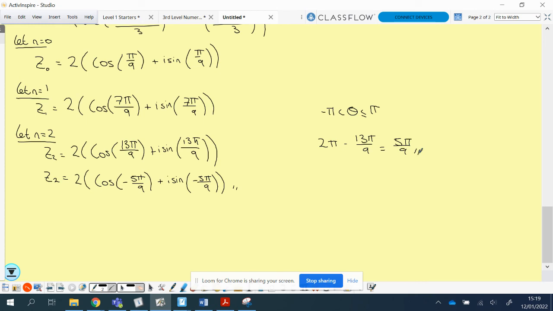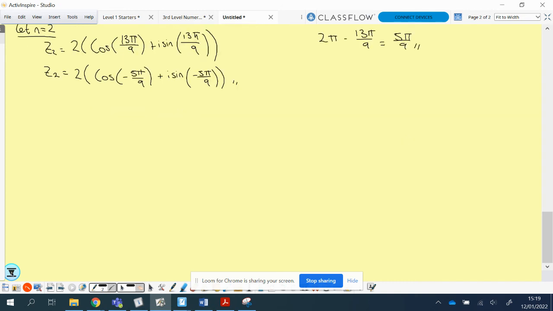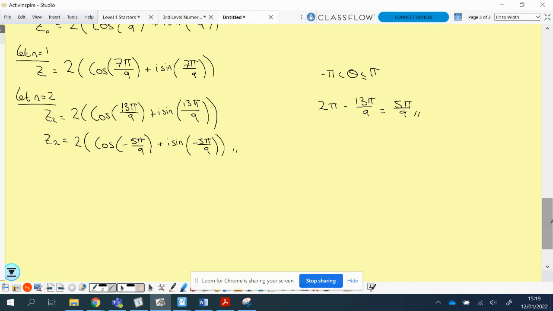Okay with that? Okay, so let's now plot this on an Argand diagram. Remember pi over 9 is just 20 degrees, so these are all multiples of 20 basically. It just depends which direction we're going. Again, this is where geometrically my sketch won't do it justice.